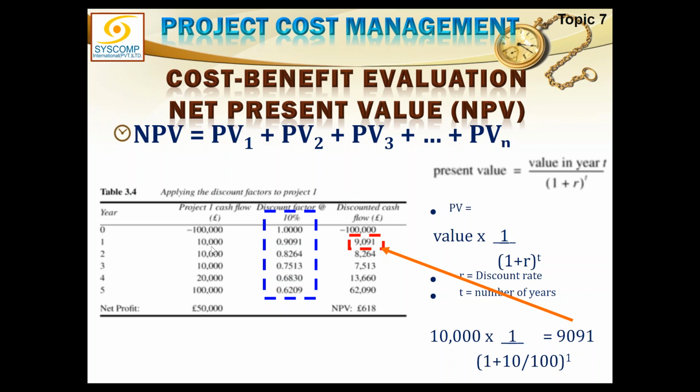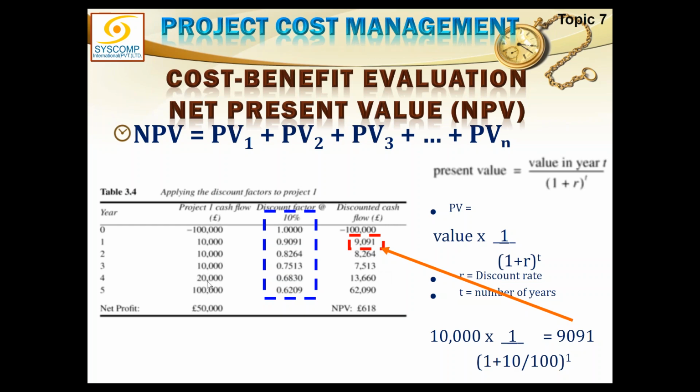So your present money remains the present money. This is the future money. 10,000, if the discount factor of 0.9091 is applied to it, it will become 9,091. This 10,000 will become 8,264. This 10,000 will become 7,513.